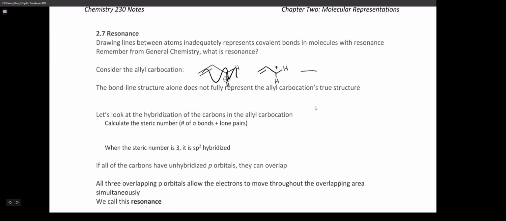The other way of representing it would be like this. And let me put those hydrogens in over here too.